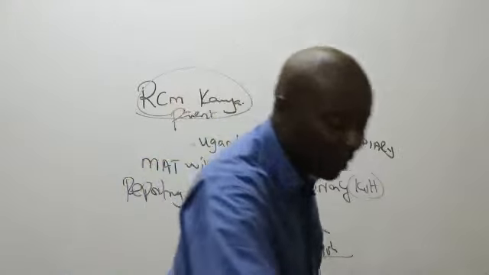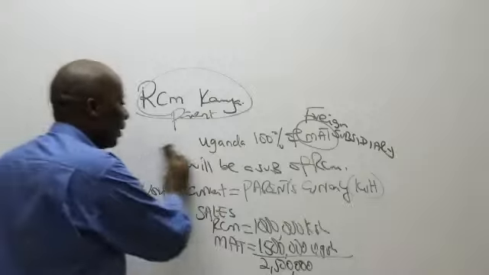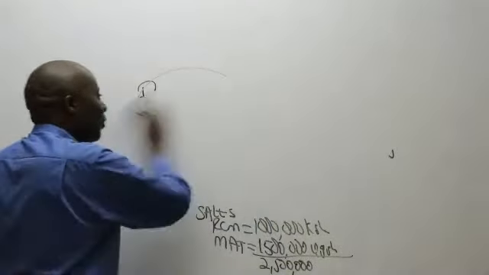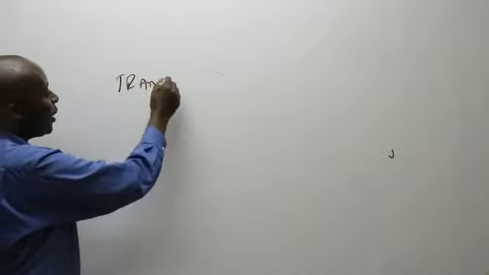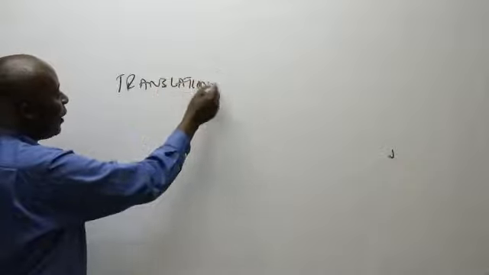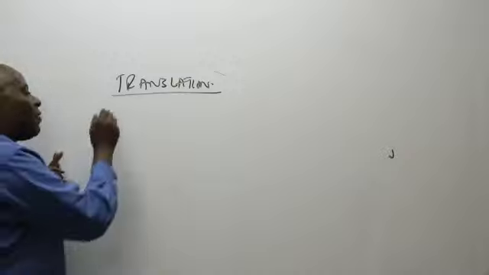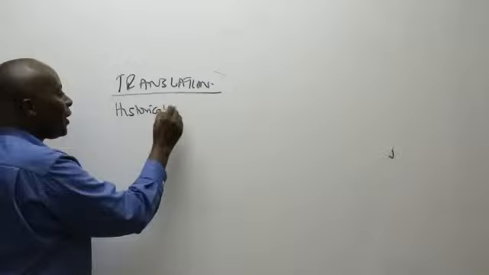Now, ladies and gentlemen, listen to me very well. In your exam, always, for purposes of translation, you will be given three currencies. In most cases, you will be given what we call the historical rate.